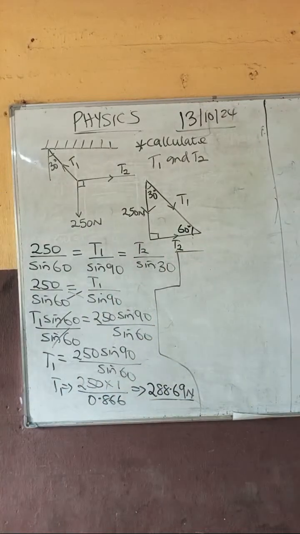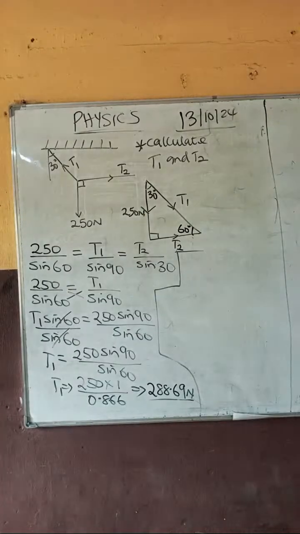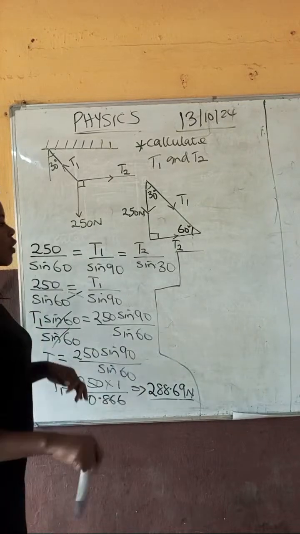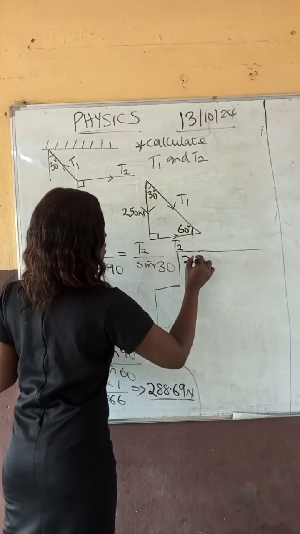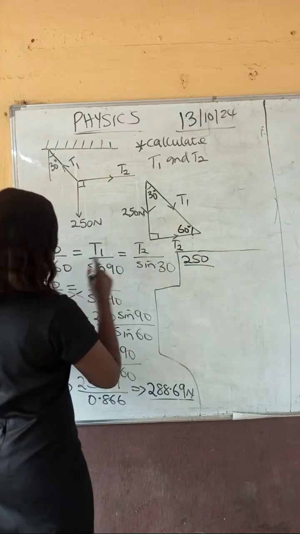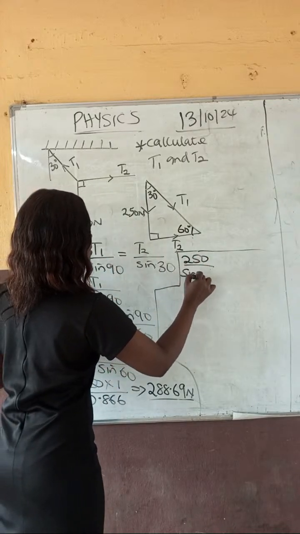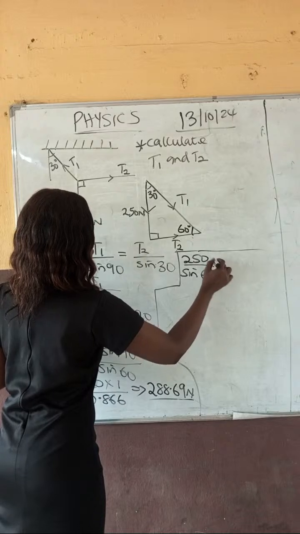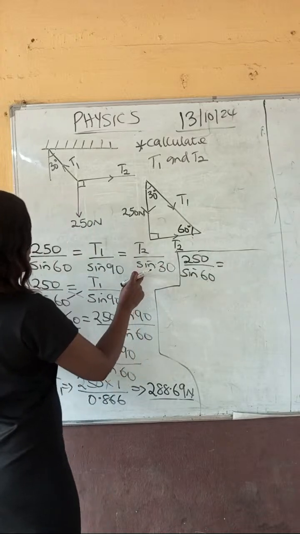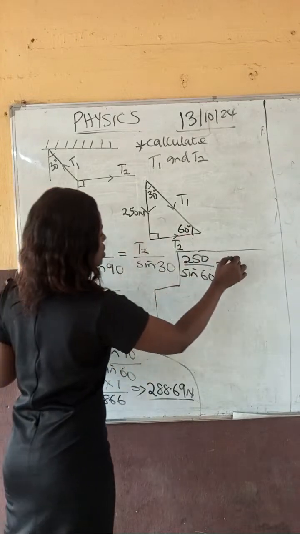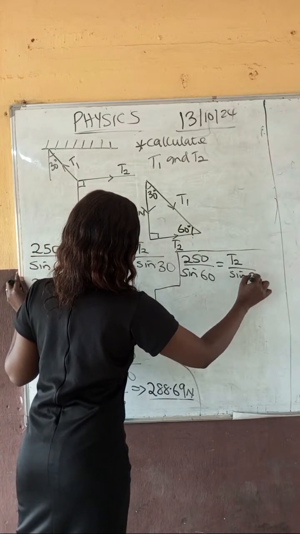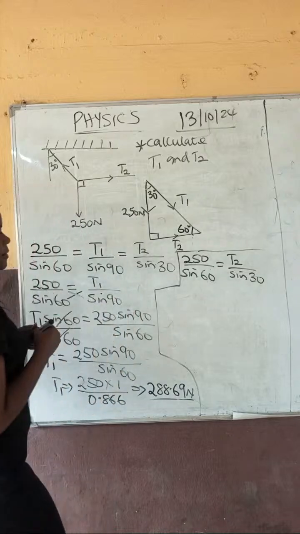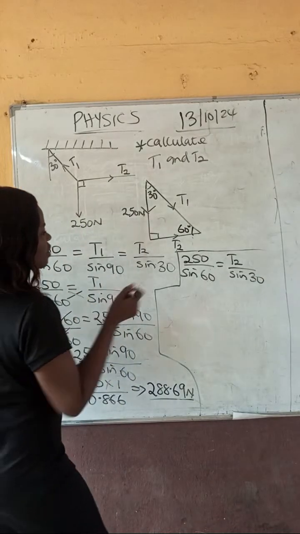All right. So let's start for the second one, which is T2. I'm going to equate this and this to get the unknown. So that is 250 over sine 60 is equals to, I'm equating this to get T2, T2 over sine 30. Then I say cross multiply.